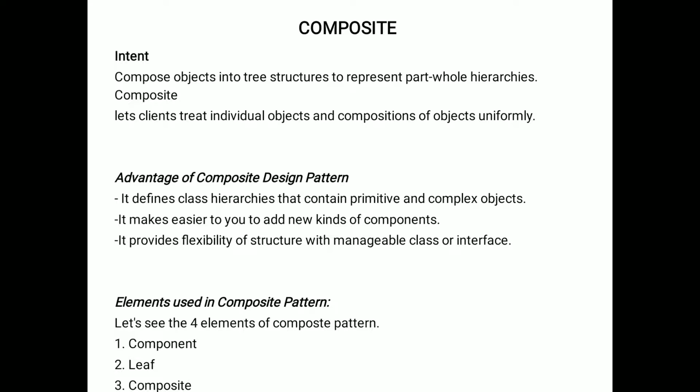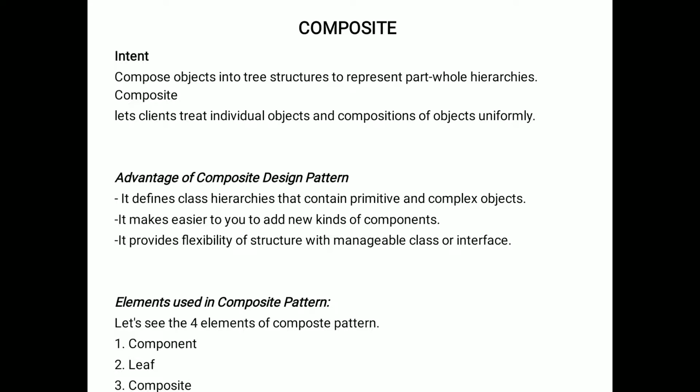It provides flexibility of structure with manageable classes or interfaces. And composite design pattern is used when you want to represent a full or partial hierarchy of objects. We know what an object is: an object is an instance of a class.